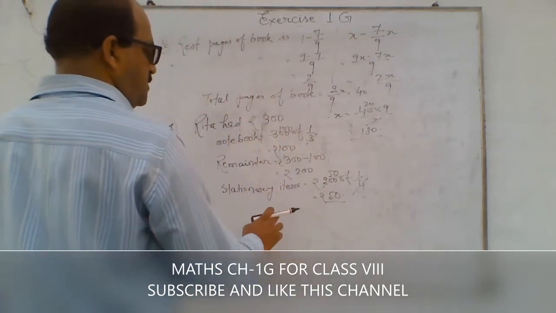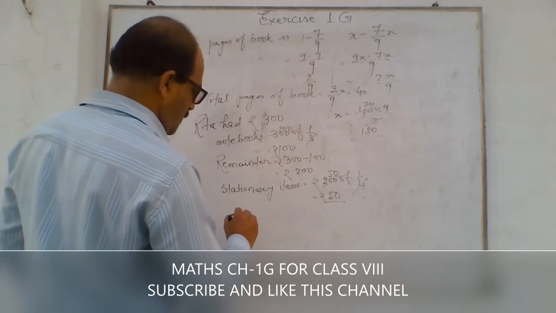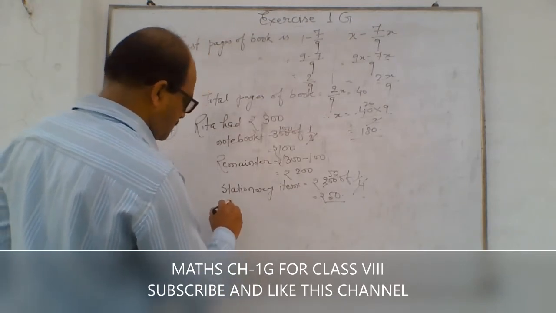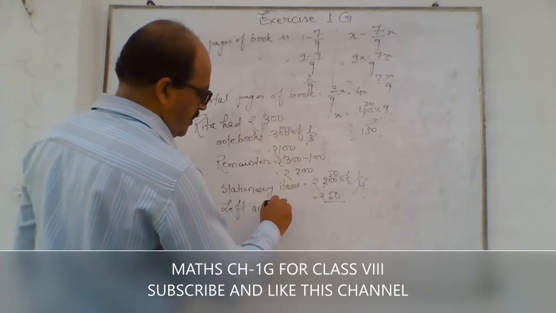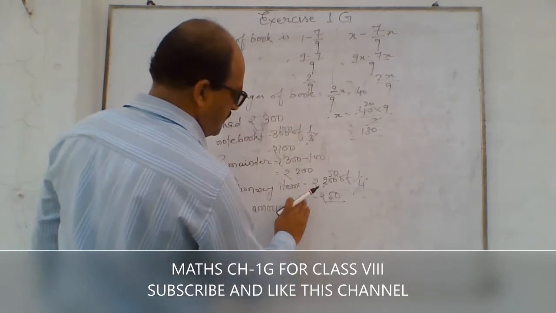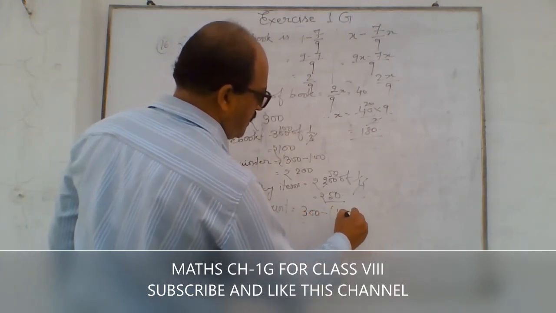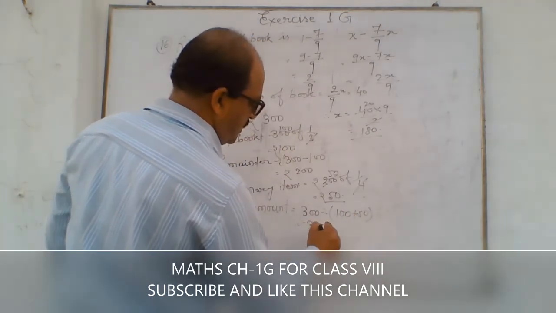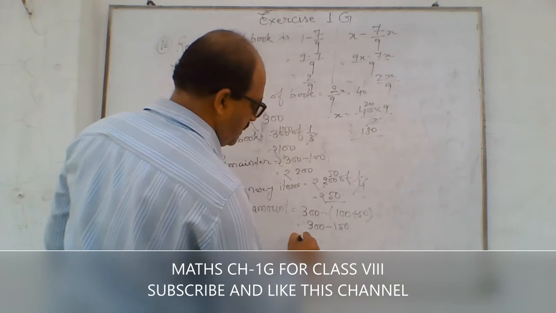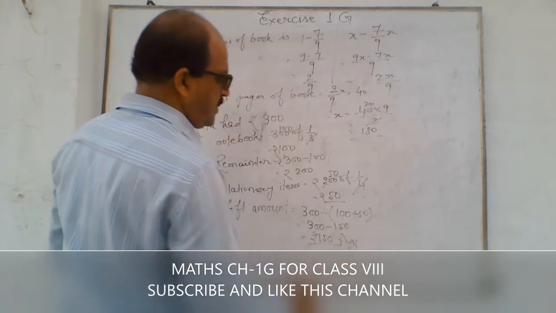She purchased a stationery item for rupees 50. So the left amount she has is equal to 300 minus 100 plus 50, 300 minus 150, she has left only rupees 150. This one the solution.